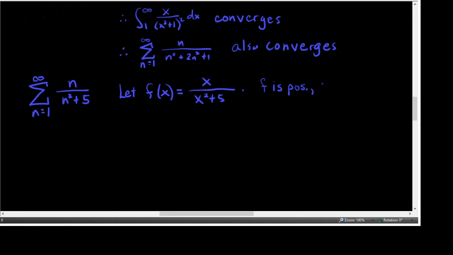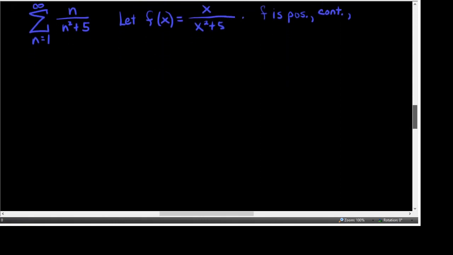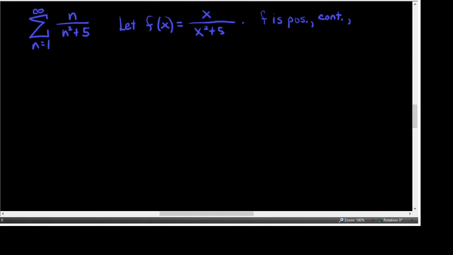It's continuous because x squared plus 5 cannot be 0 with a real value of x, and it's decreasing. Actually, I want to prove that sort of. This is the one I accidentally jumped to. I'm going to pretend like you did the quotient rule and found f prime and got that correct, because I want to jump to this conclusion that we get from it.